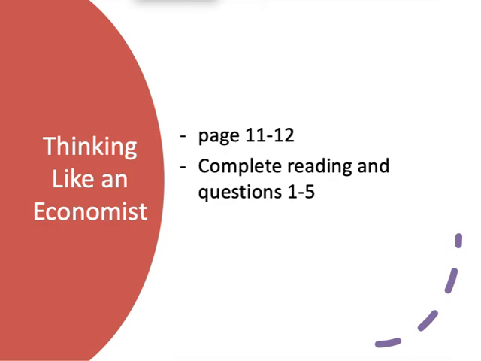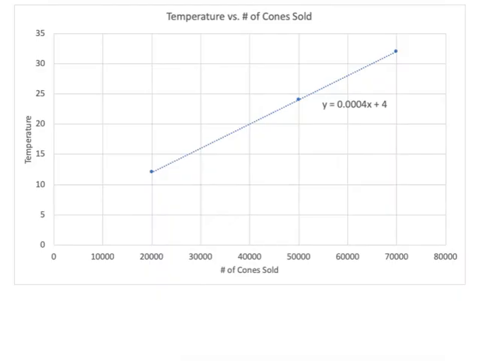So hopefully now you've unpaused, you've taken some time to work on that, and so we're going to go on and make sure that we know what we're doing in terms of graphing from that information. Just from those 3 points, X, Y, and Z, you're going to be able to plot a chart. I've placed quantity, number of cones sold, on my x-axis, and temperature on the y-axis.